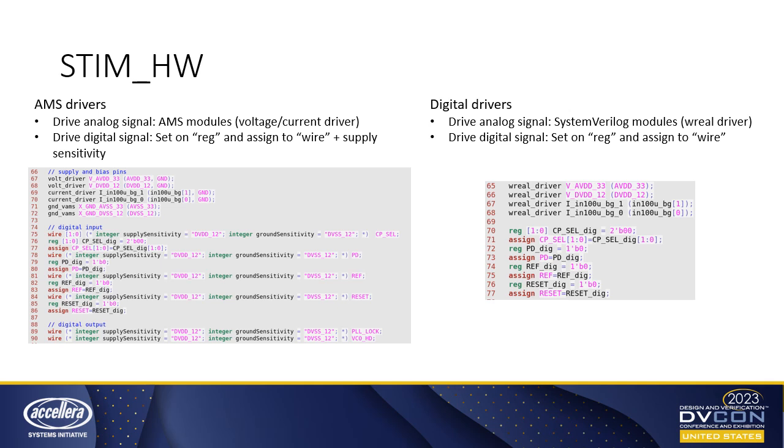Supply sensitivity is needed for digital ports, and it is used for the D to A conversion if the port is connected to an electrical node. Inside digital drivers, we have universal double rail drivers to drive either voltage supply or bias current, as they are both defined as real net type in the real-number model. Digital signals are driven in the same way as AMS drivers, but without supply sensitivity.